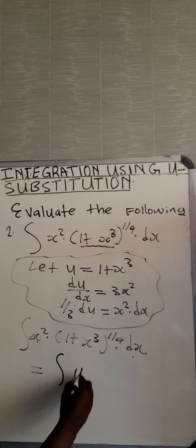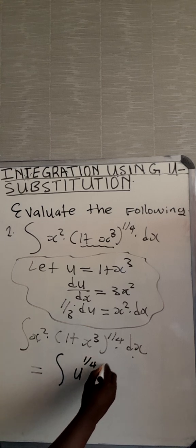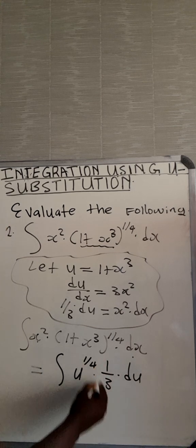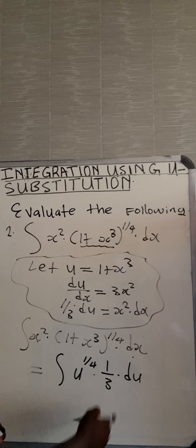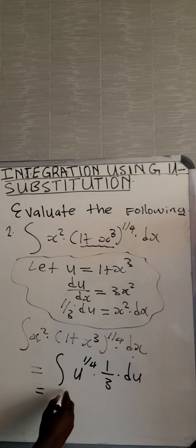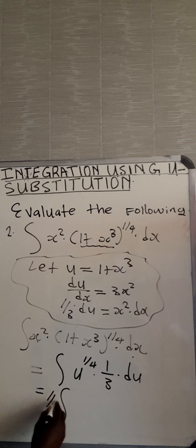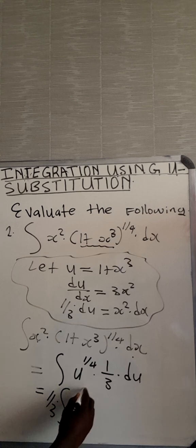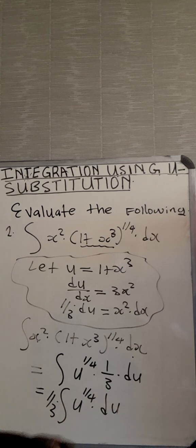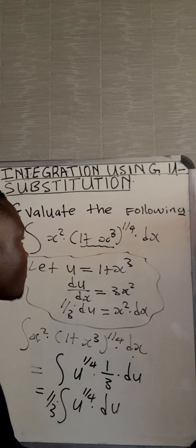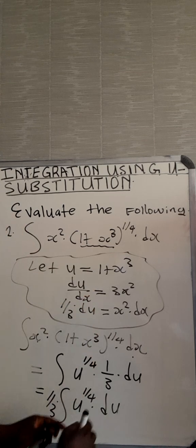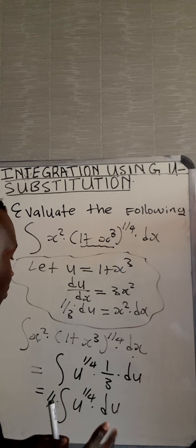So this will be the integral of u to the power of 1 over 4 times 1 over 3 du. 1 over 3 is a constant, so we can take it outside of the integral sign. Now we want to integrate with respect to u because we have simplified our problem. We have made this transformation in order to simplify it to an integrable part.